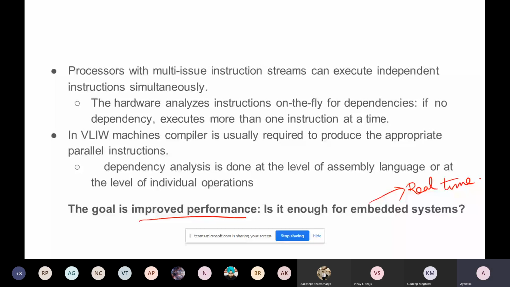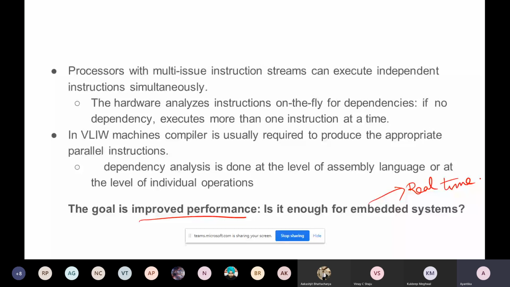If you have improved your performance in a huge way, and the input you are expecting at the x1 tick of your clock arrives much before that, then that input is also not very useful in an embedded system scenario.